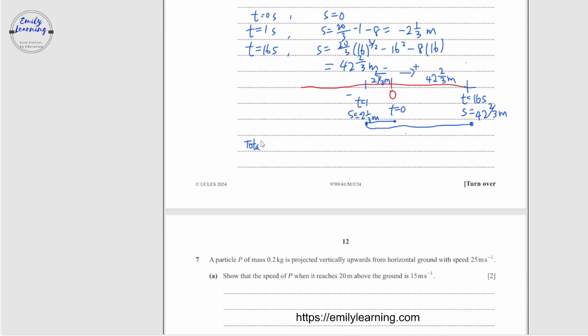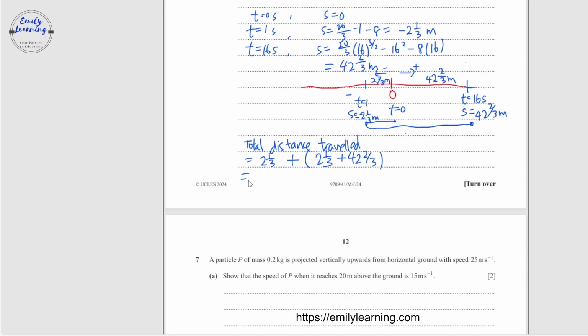So to find the total distance traveled, we will first take 2 1/3 meters, which is the distance traveled in the first 1 second. Then plus 2 1/3 plus 42 2/3, which is the distance traveled by the particle between t equals 1 and t equals 16 seconds.